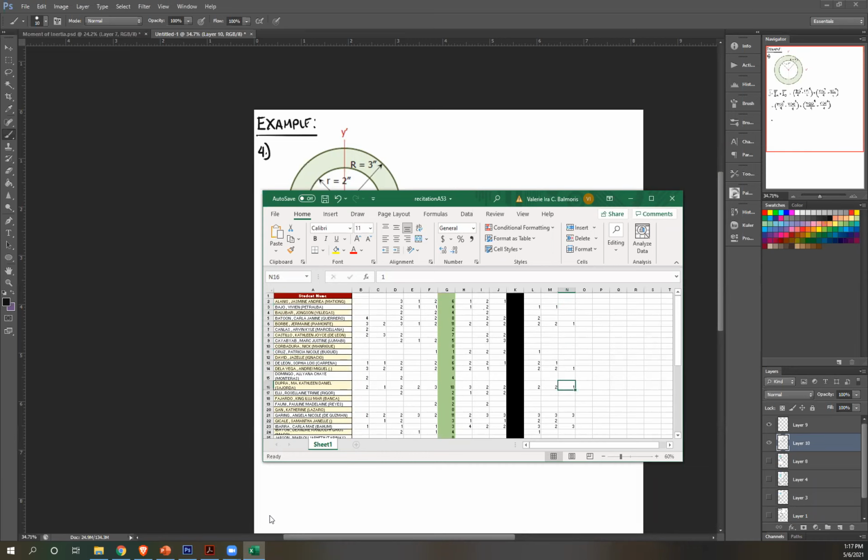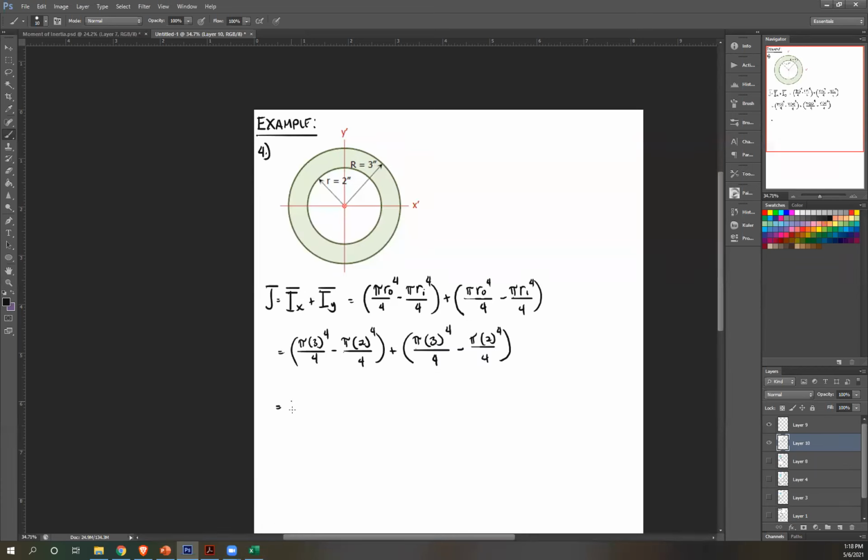The answer is 102.10. And then again, the unit is in inches, so inch raised to 4.